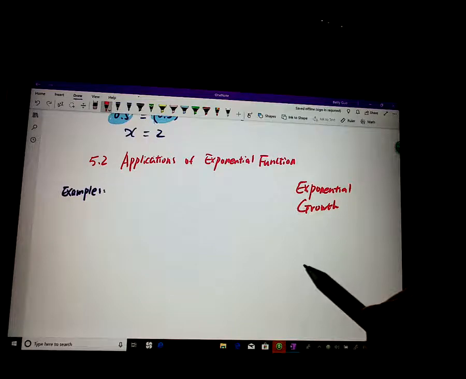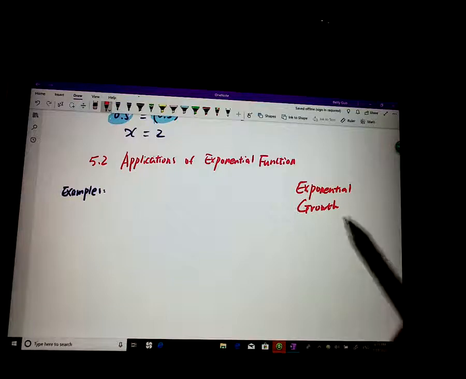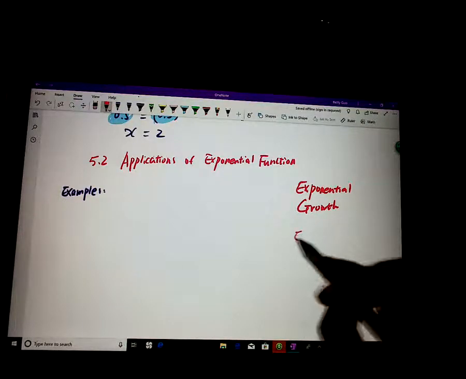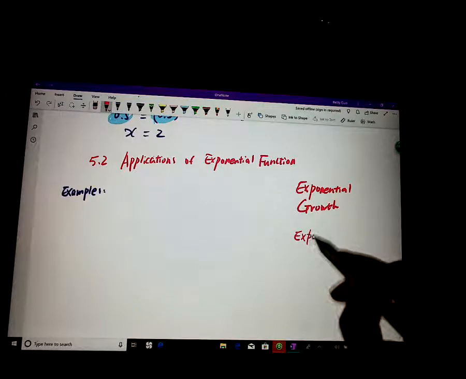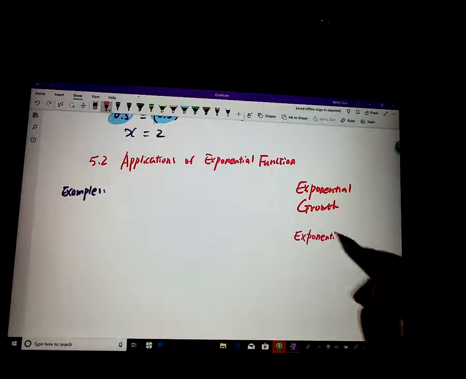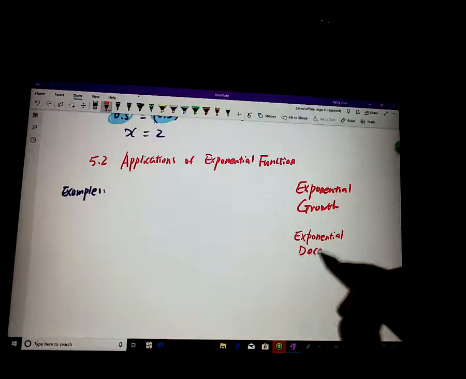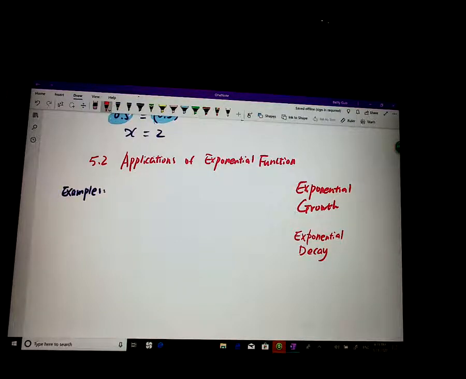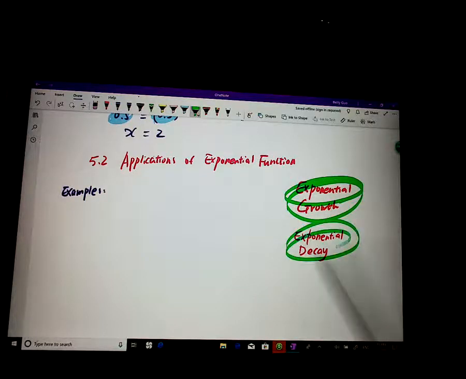And if the base of the exponential function is between 0 and 1, we have learned that that kind of exponential function is decreasing, right? And we call the decreasing one exponential decay. Exponential growth, exponential decay.